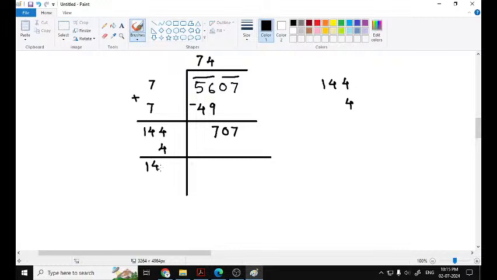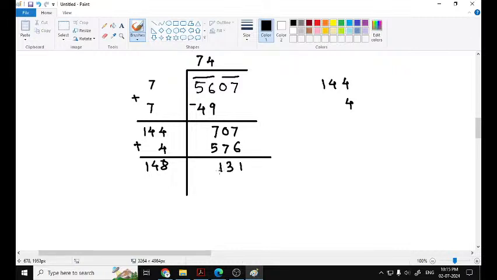This addition is 148, and this is 16 carry 1. 16 plus 1 is 17, carry 1 and 5. Here we get this difference as 1, and this is 13.